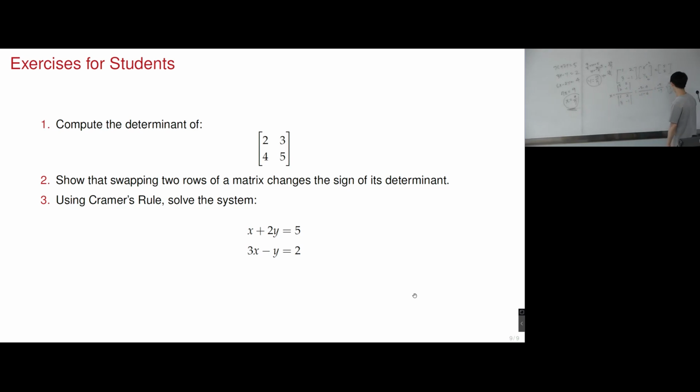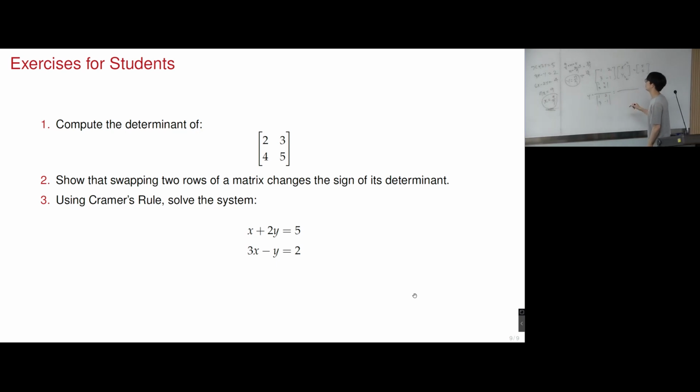Okay, so that's correct. Now let's do it for y. Everything is the same except the numerator now changes. Instead of replacing the first column, we replace the second column. So it's 1, 3, and 5, 2 now. What do you get?